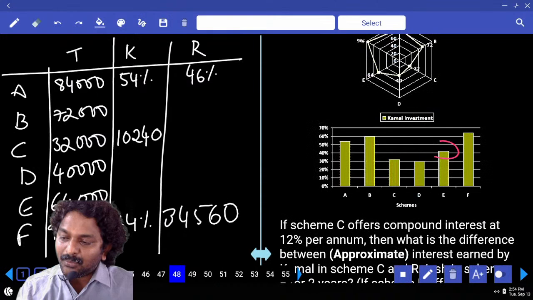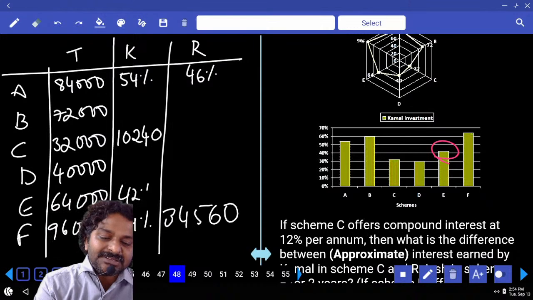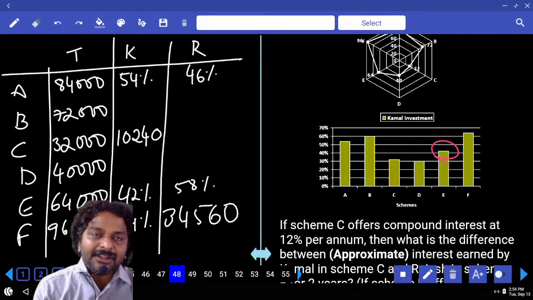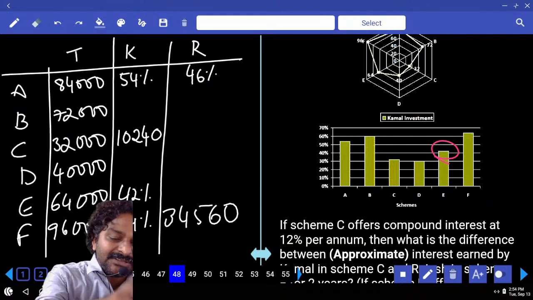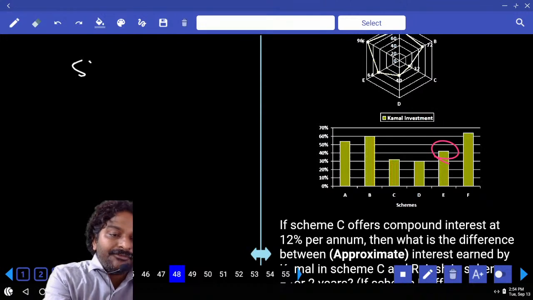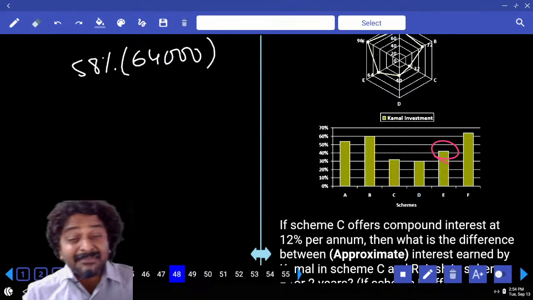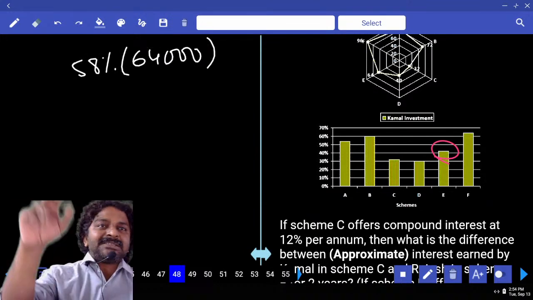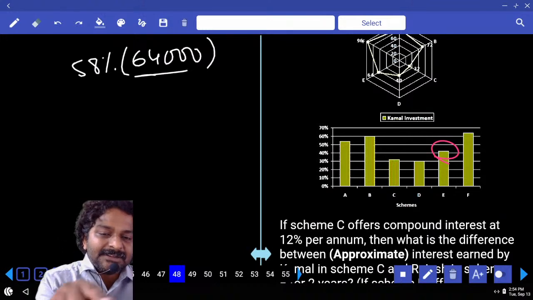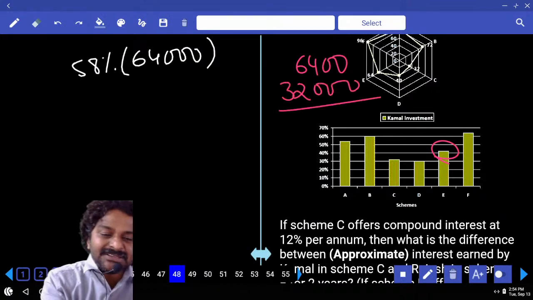Next, Rajesh, scheme E. In scheme E, what is Kamal's investment? 42%. If it is 42%, for Rajesh it must be 58 only. So let me first calculate 58%. How can we calculate 58%? 58% of 64,000. Can we calculate 60% minus 2? 10% is 6,400. 50% is 32,000, so 60% is 38,400.